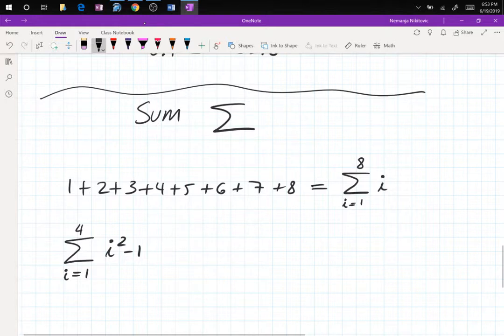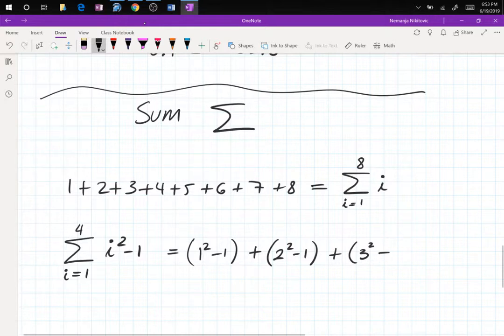Now this is a formula. The first time around, for the first term, I is 1, so 1 squared minus 1, plus second time around I is 2, 2 squared minus 1. Next time around I is 3, 3 squared minus 1. Next time around I is 4, 4 squared minus 1, and then I have to stop because the last value that I can take is 4.